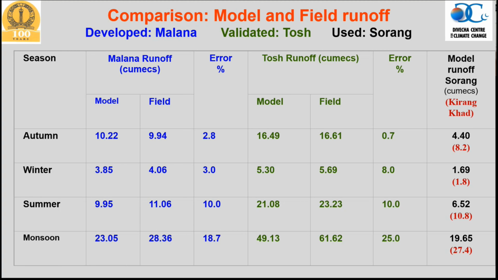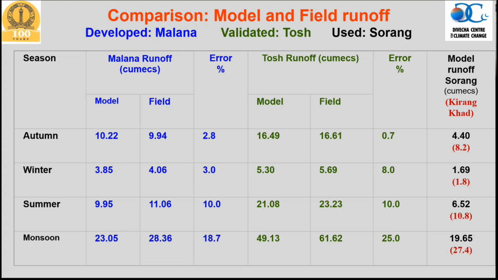You can have a detailed discussion with Tejal and other people who are going to talk to you on this model. You can see here the error, when it was developed at Malana, was from 2% to 3%. Winter was very good, summer was a little bit higher, and monsoon was much higher. So you have to realize what really happens in this model.